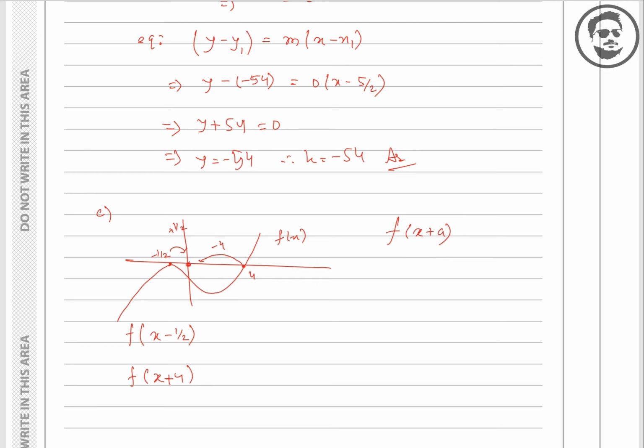So from these two functions we can see that the two possible values of a will be plus half and minus 4.